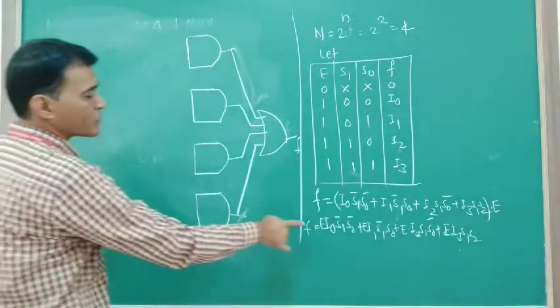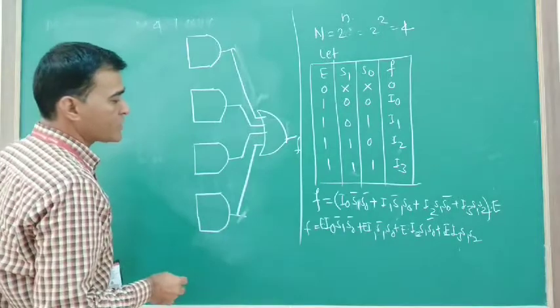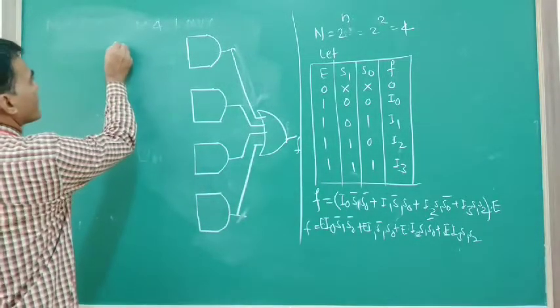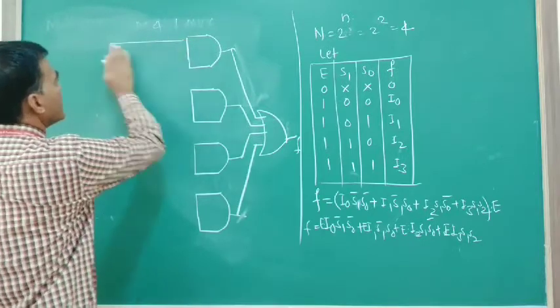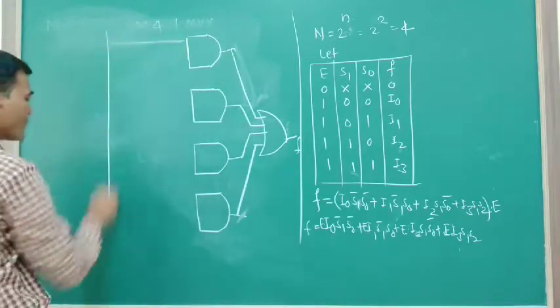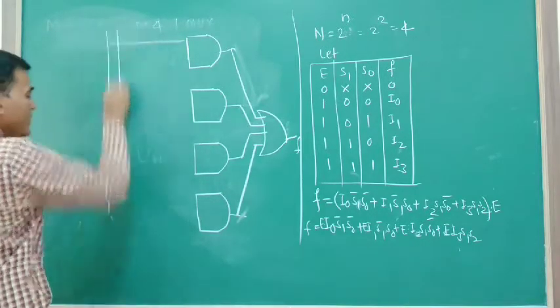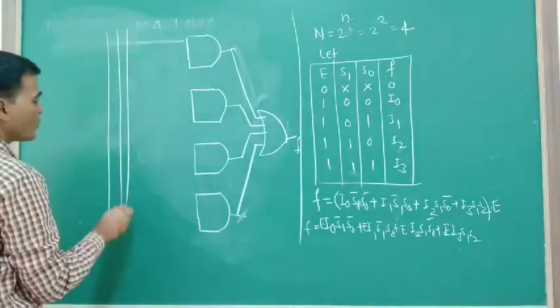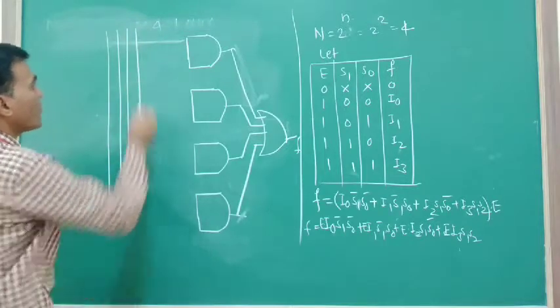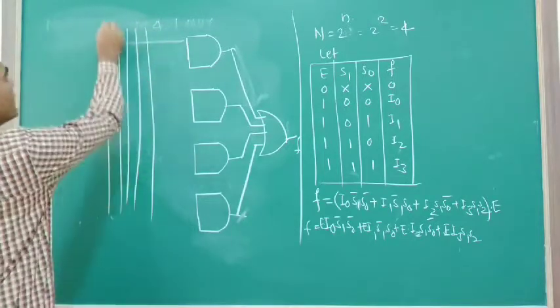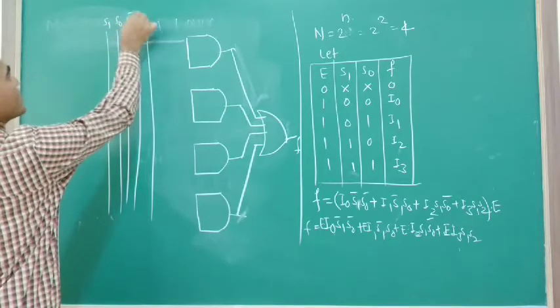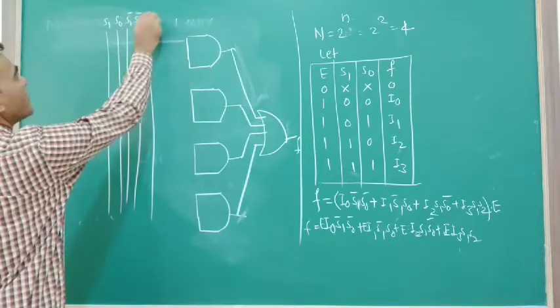Now what are the inputs to these AND gates? The inputs to these AND gates are S0, S1. Let us say this is the S0 line, we have the S1 line, then S0 complement, S1 complement and enable.